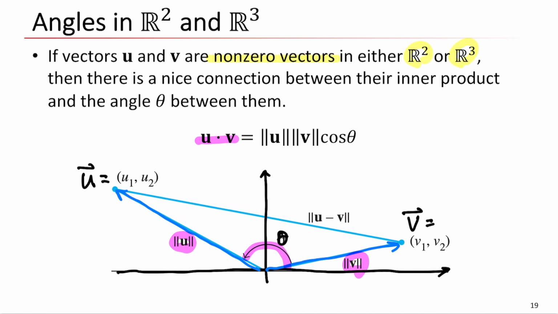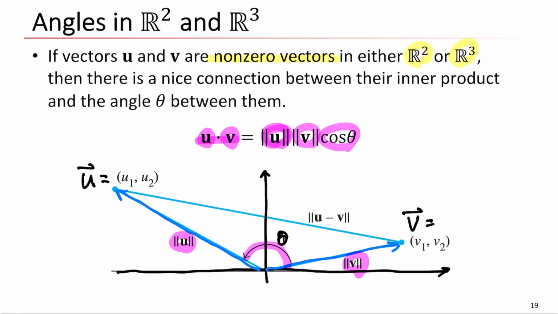Okay, so it means that the inner product of u and v is equal to the length of u times the length of v times cosine theta, right?